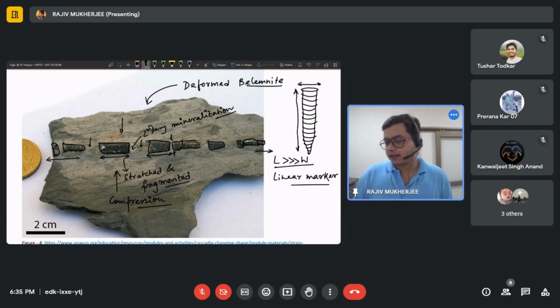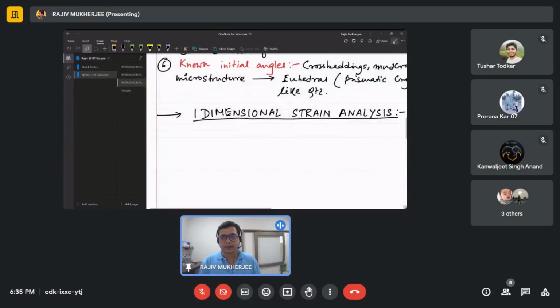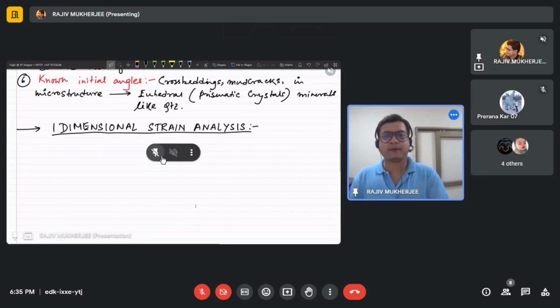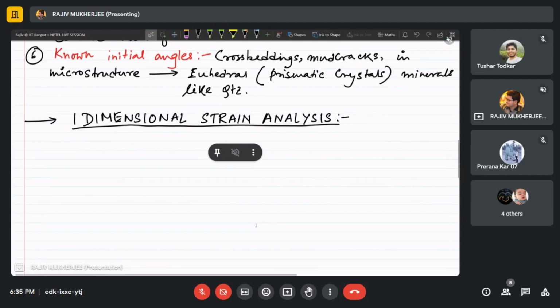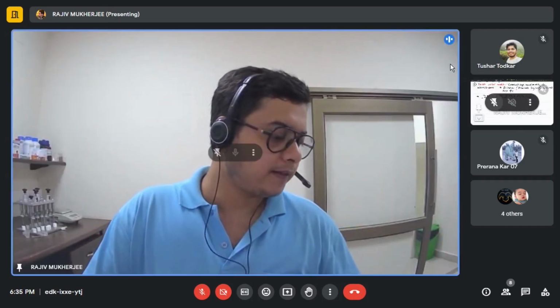So this is a demonstration of one dimensional strain, where it is simply being pulled apart and the fossil has been fragmented into various parts. Now we will go into our theoretical part, where we will discuss the different theoretical bases for practically estimating the strain accommodated through the deformed belemnites.